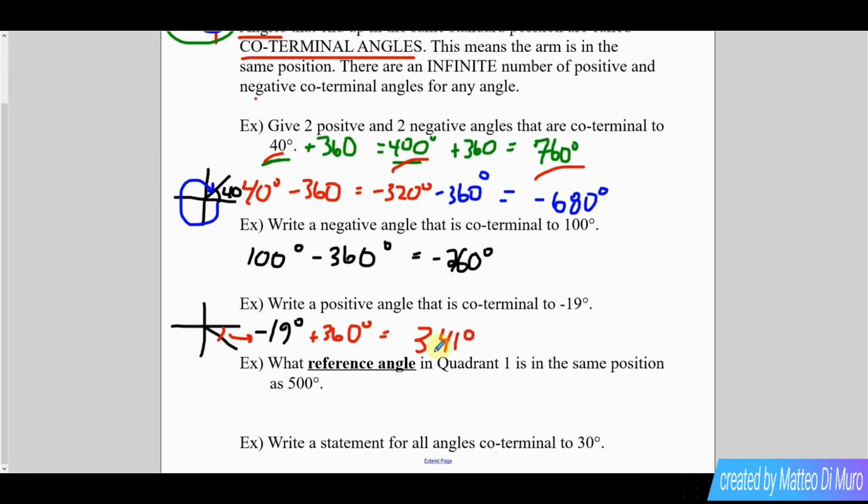That just means that if I start here and move counterclockwise 341 degrees, I will land in the same place as doing negative 19 degrees. Fascinating.